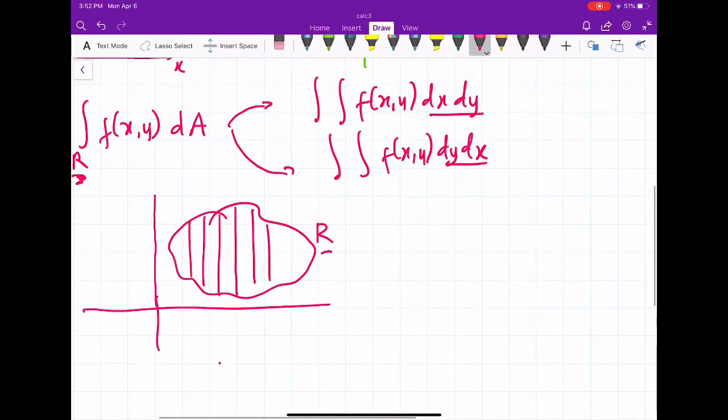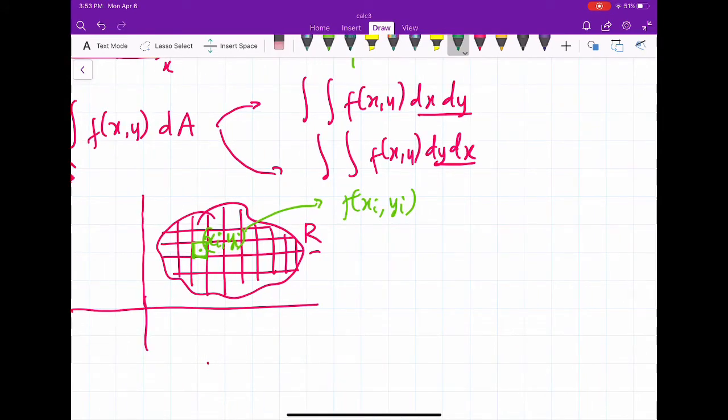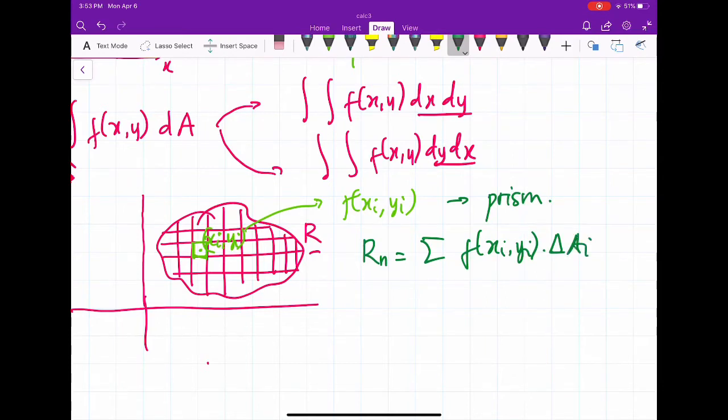We try to approximate R using squares, and for each square we pick some point (xi, yi) in there, and then we calculate f of (xi, yi), which is the height of the prism. Then we make the Riemann sum R_n, which is equal to the sum of f(xi, yi) times delta A_i, where delta A_i is the area of the region A_i. But we use rectangles, we use squares, in this case.